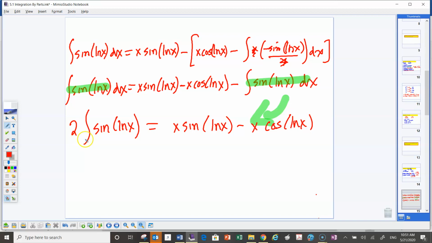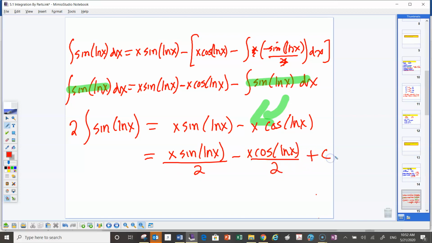And then I have to divide everything by 2. So it's going to be x sine ln x over 2 minus x cos ln x over 2, and then don't forget your constant, and that's going to equal the integral of sine ln x.